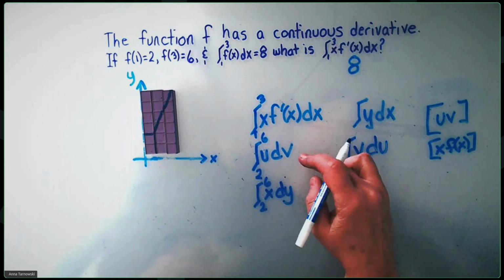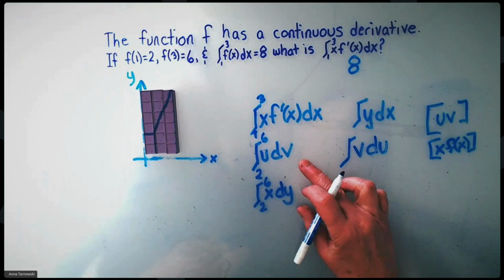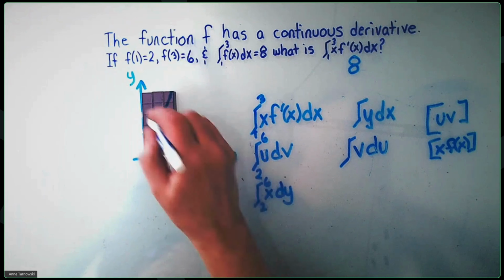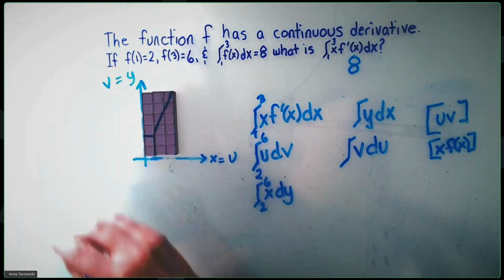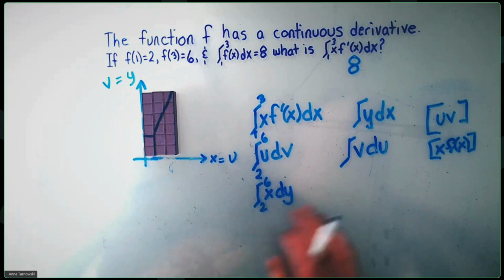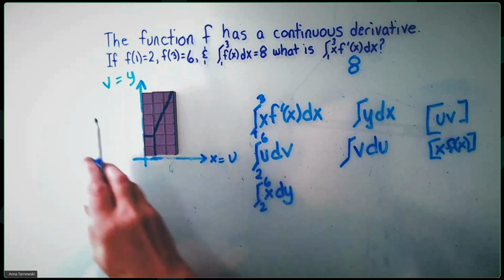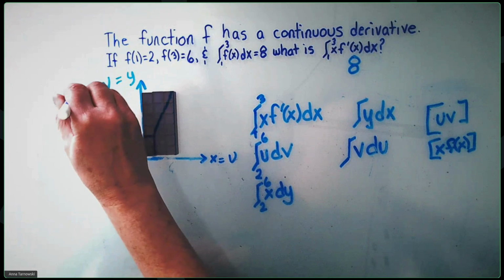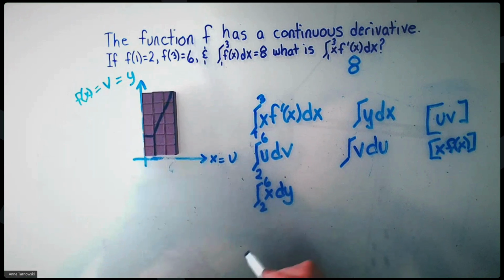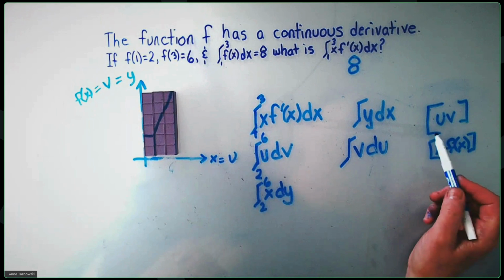This is the floor view, that's the wall view. This could be equal to u, this could be equal to v, and so this is where you get all this uv. There's x, there's f of x, v is the same as f of x, and x is the same as u.